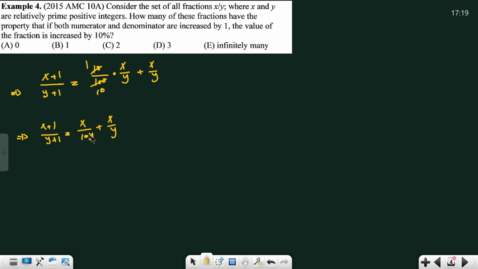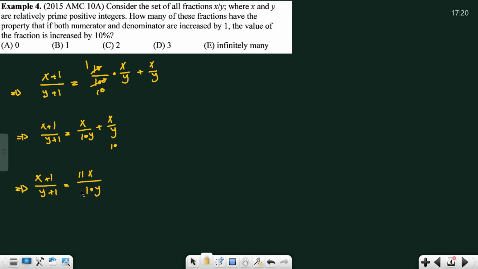Now what we will do is equalize denominators. This one will be x plus 1 over y plus 1 equals x plus 10x, which is 11x, over 10y.